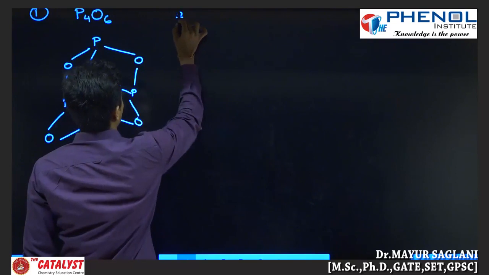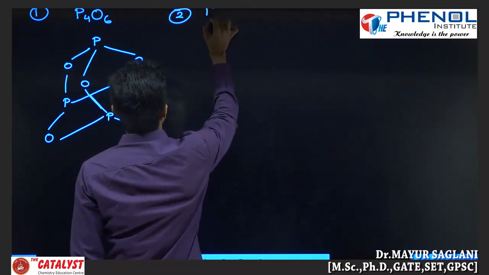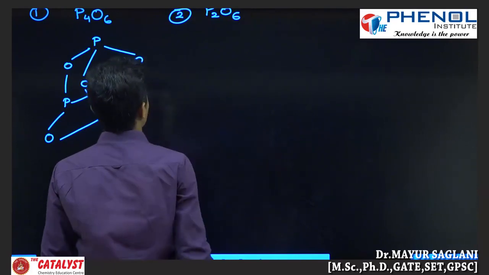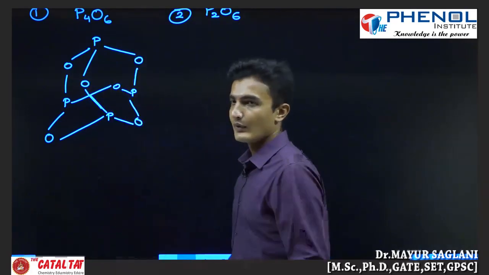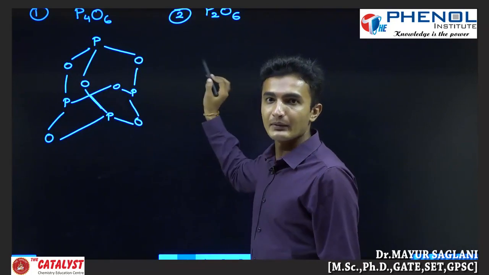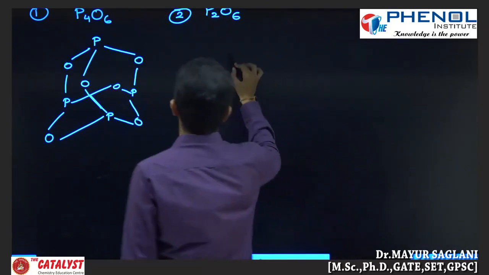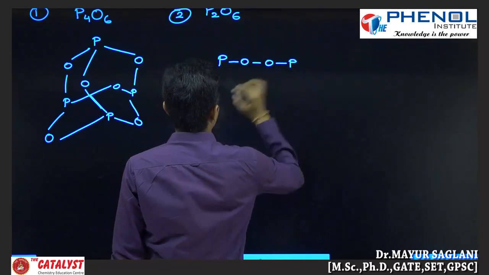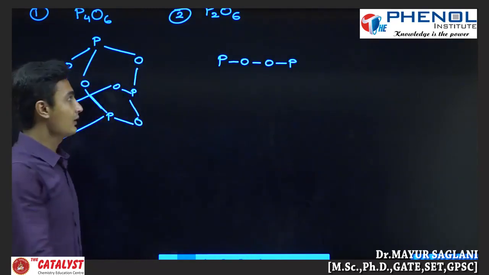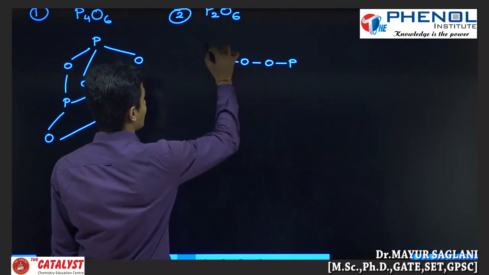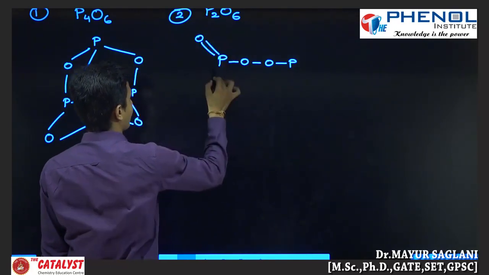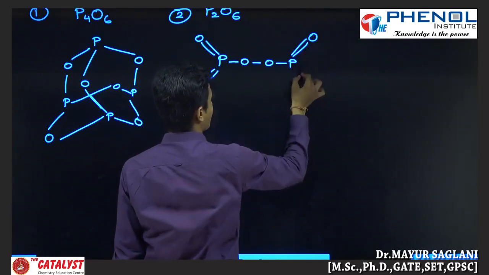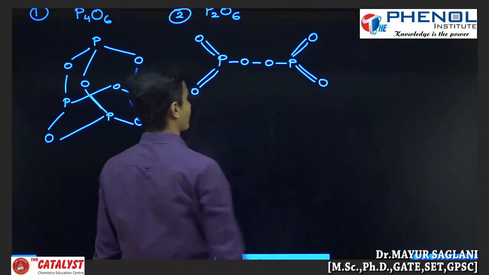Likewise you can write the structure for P2O6. We have not mentioned this earlier, but it possesses a peroxy linkage. So P-O-O-P with the double bond, we have written 2 oxygen atoms, and now we know there would be 2 double bonds with the same phosphorus, and here 2 double bonds and here 2 double bonds.